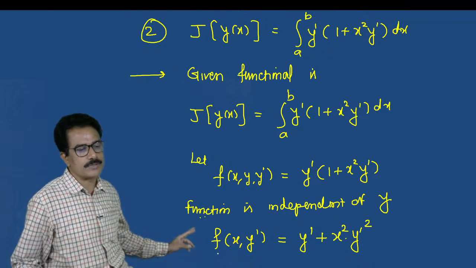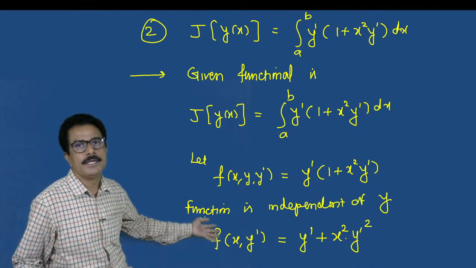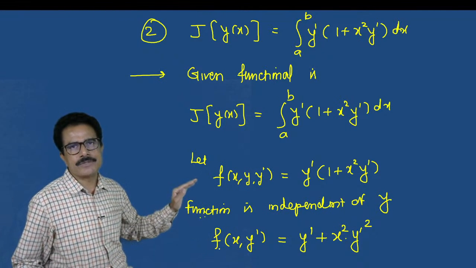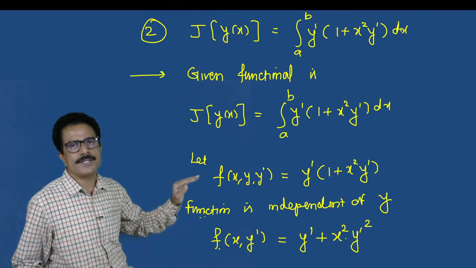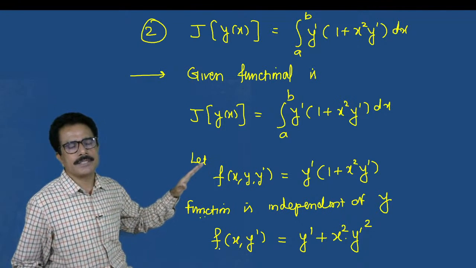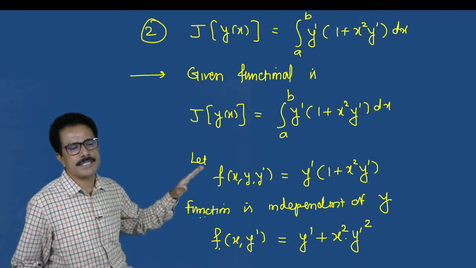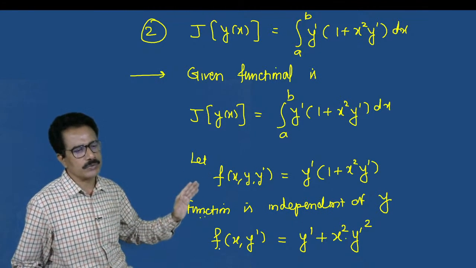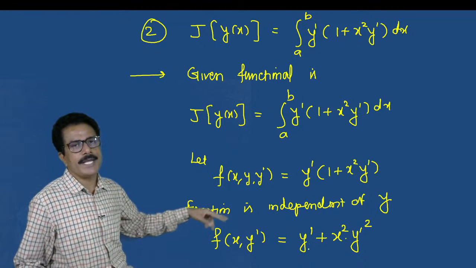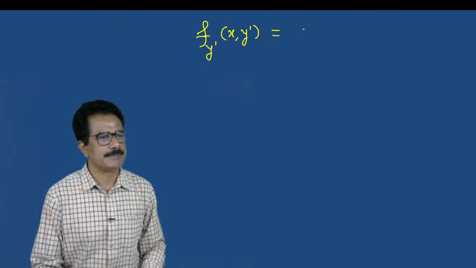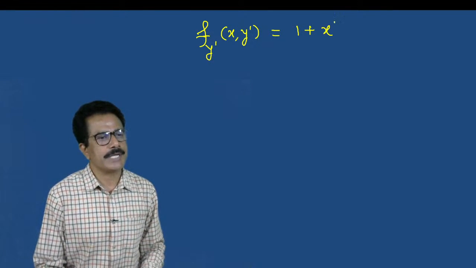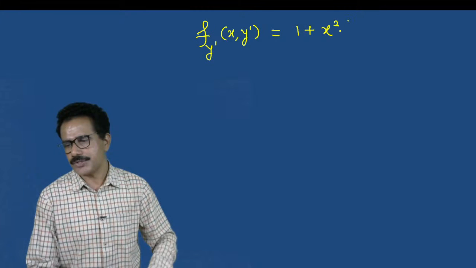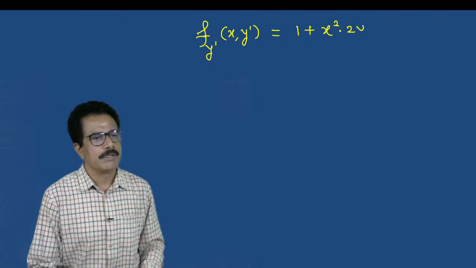Now students, we have to differentiate f partially with respect to y dash. That means we take the derivative with respect to y dash, and other terms, such as x, are considered as constants. Derivative of y dash with respect to y dash is 1, plus x square is a constant coefficient, derivative of y dash square is 2y dash.